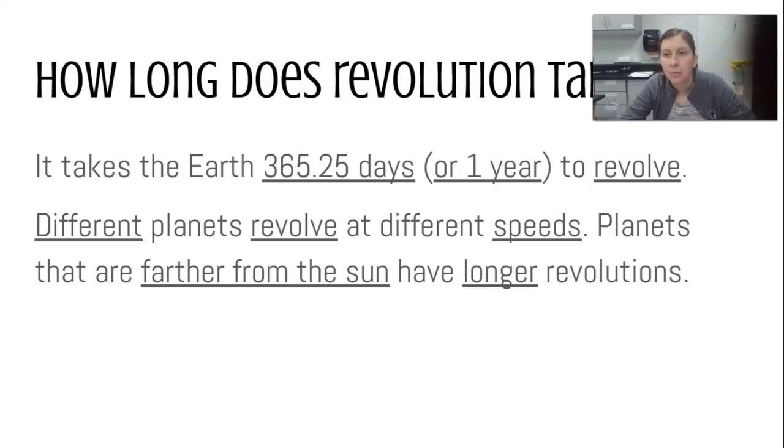If you're running laps out on the field, the inside lap is just a little bit shorter than the outside path. So if you are closer to the middle, it's a shorter distance. And so the planets that are closer to the sun have much shorter revolutions.